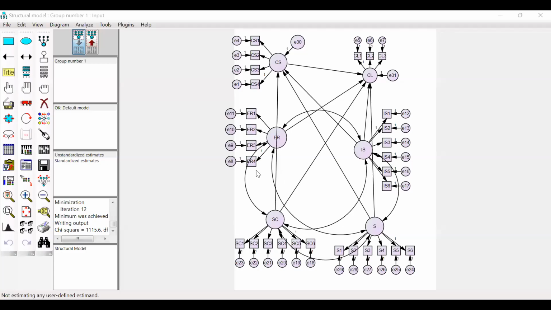So if we go back to the diagram and try to correlate those error terms, E8 and E9, you correlate. E18, E19, you correlate.